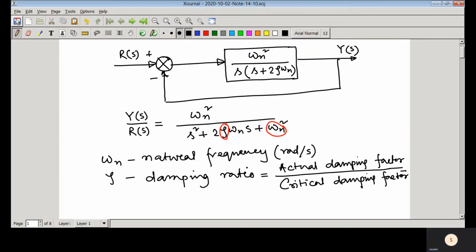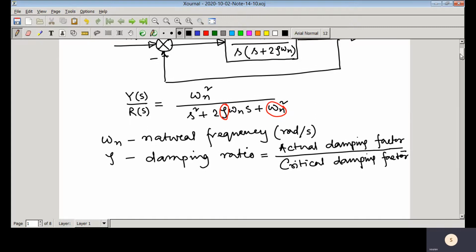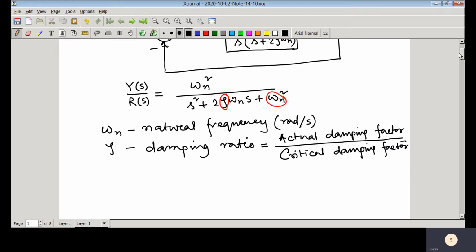Interestingly, we have seen that in case of first order system, the time response is characterized by its time constant. But in case of second order system, the time response is characterized by these two parameters, that is zeta and omega n.